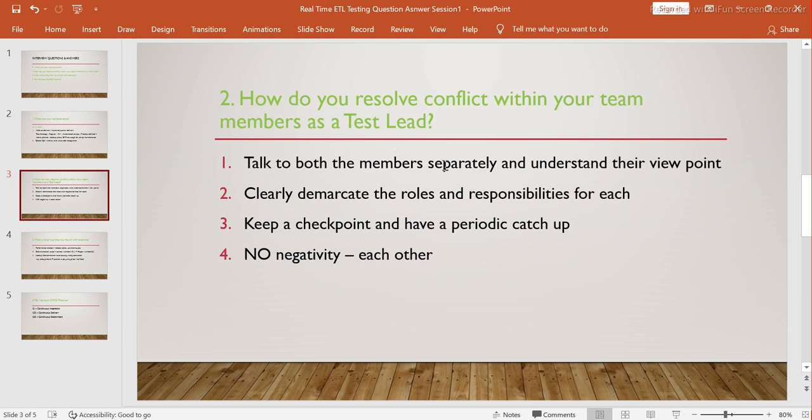So we have to talk to both of the team members separately and try to understand their viewpoint. Then once you understand, you make sure that whatever they are doing as part of their roles and responsibilities is clearly demarcated, right? It is clearly defined that this is what, as part of their roles and responsibilities, they are supposed to do, right?